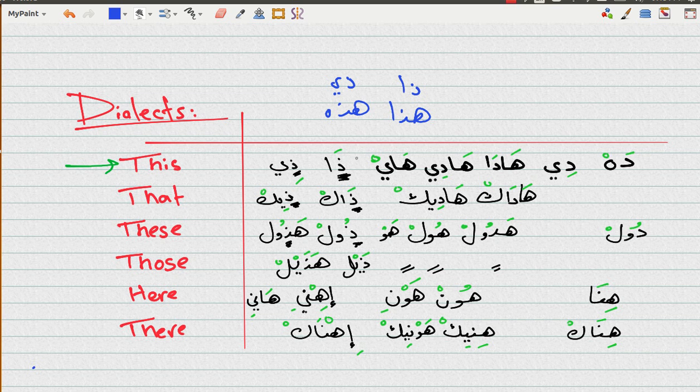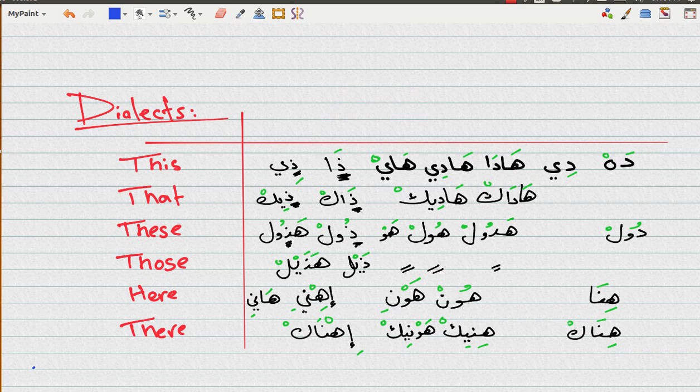Also some people make the ذ so heavy that it sounds as if it were ز. Okay, but it's not. It's like between the ذ and the ز. It's a slight modification, but you might hear it like this: da, di, hada, hadi, hay.